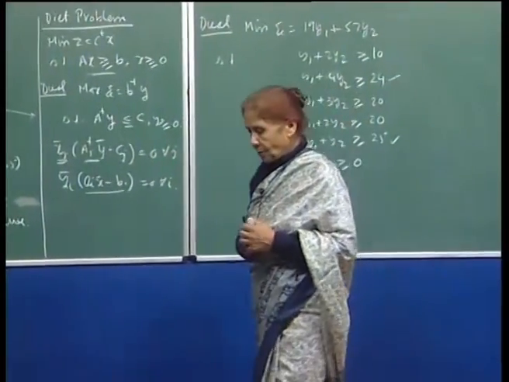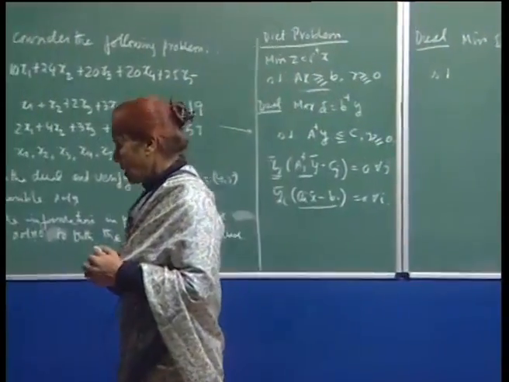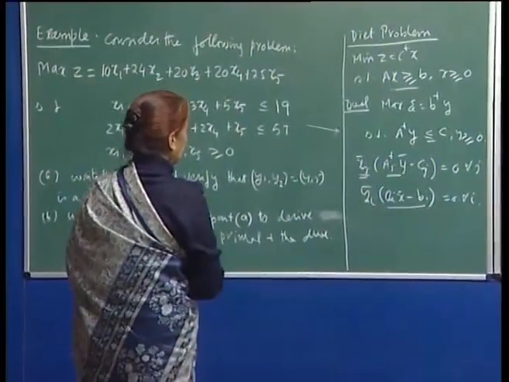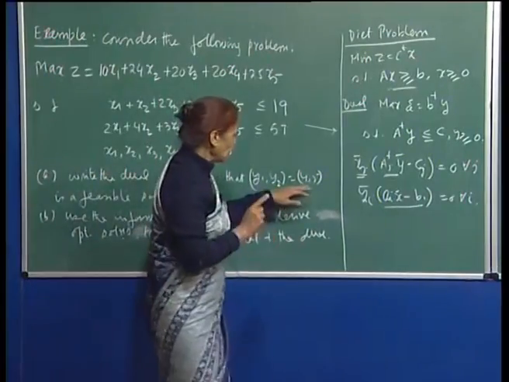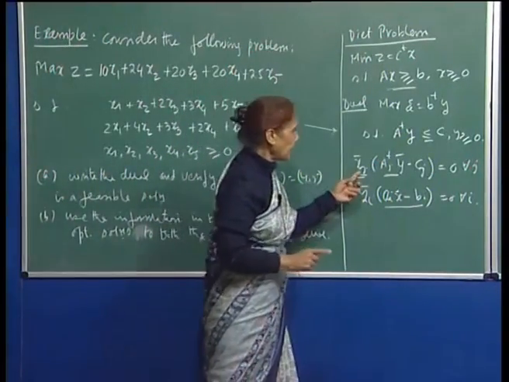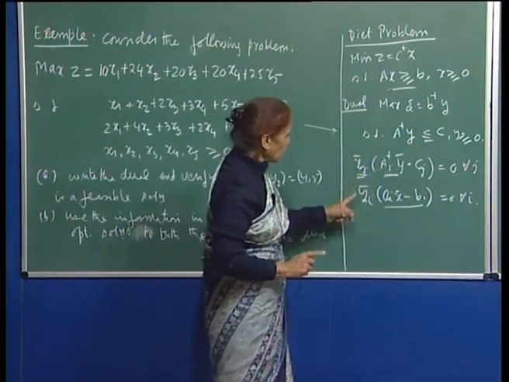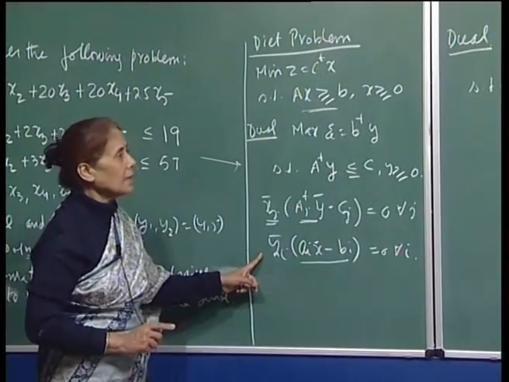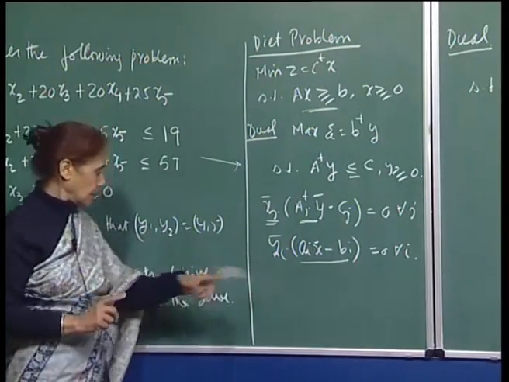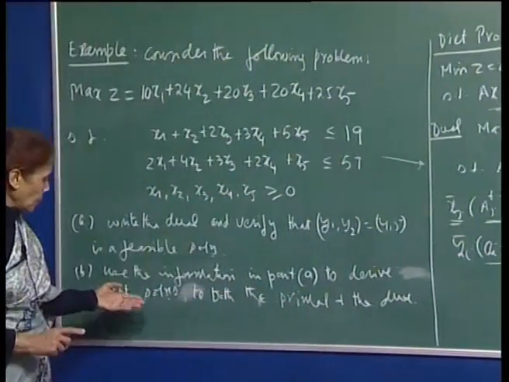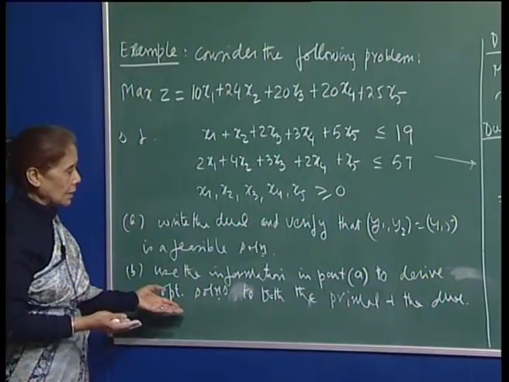Now, let us use complementary slackness conditions. What we said is, I have a dual feasible solution. If I can find a primal feasible solution such that the complementary slackness conditions are satisfied, then I can conclude that both are optimal, because you are asked to find optimal solutions for both the primal and the dual.